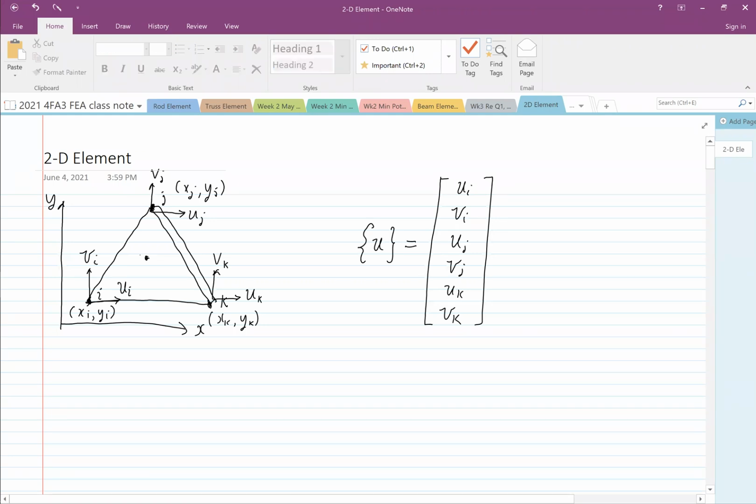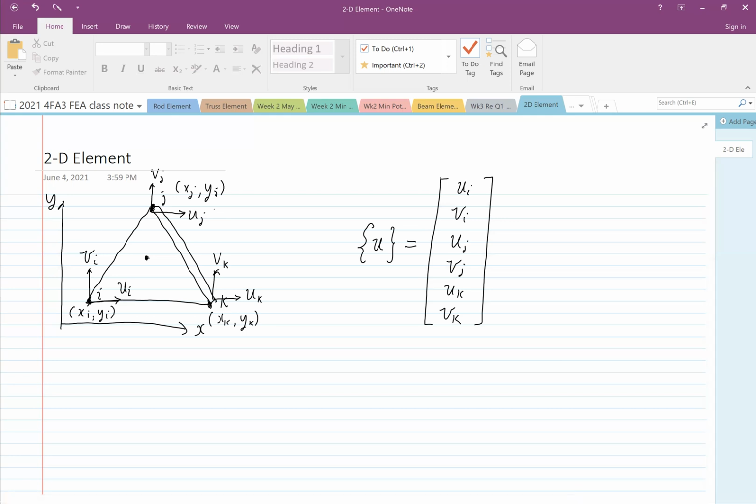Let's say I apply the force right here. I have to transform that force into the three nodes. Because each node is kind of a sensor. It's able to receive information, receive a force, and also it tells you how the node displaces due to that force.